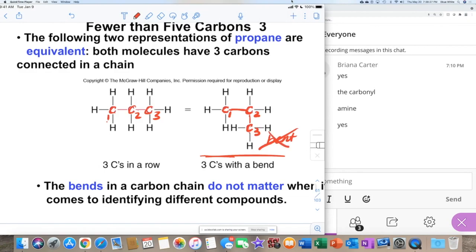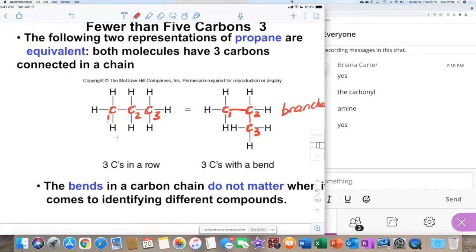Even though it appears bent, we don't really consider this bent, because remember how we have that bent molecule with water? That would kind of confuse you. Let's call it branched. Branched is a better term. Even though this one looks branched, it's technically the same as the left molecule. Why? Because carbon 2 is still between carbon 1 and carbon 3. It's just branched. Okay, so branching a molecule does not create a new molecule, it just creates a branched version of the original molecule. So hopefully you guys see that, right?